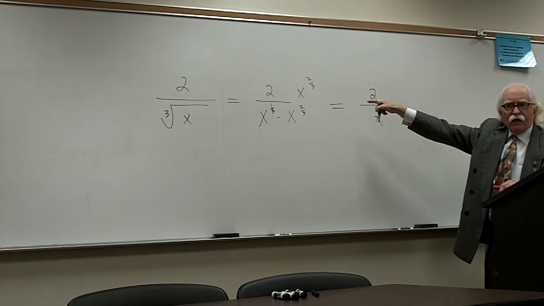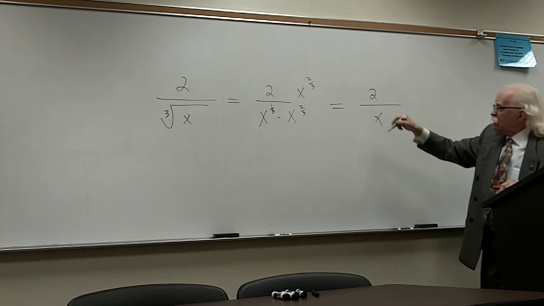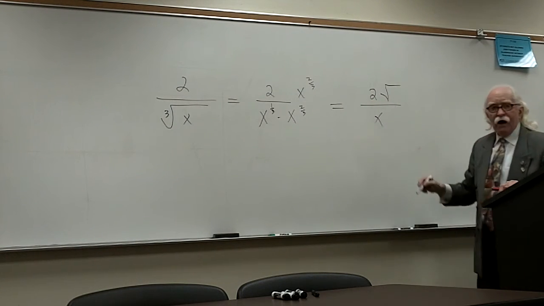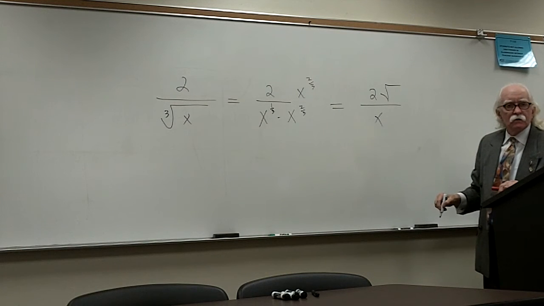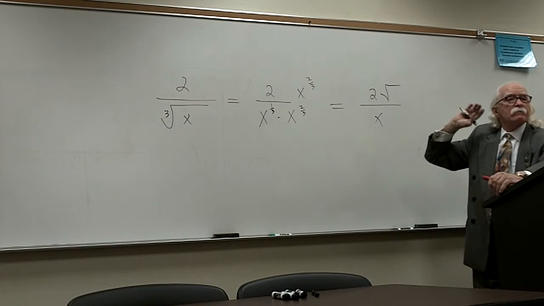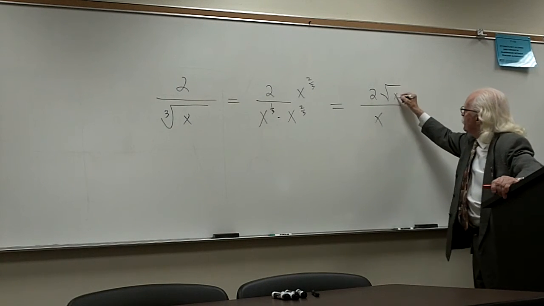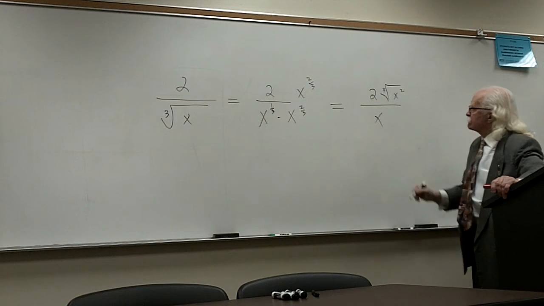Go back and write that like you're supposed to. Don't write that in exponential form, write it in what? Radical form. Put the 3 and then the 2. That's the cube root of x squared.